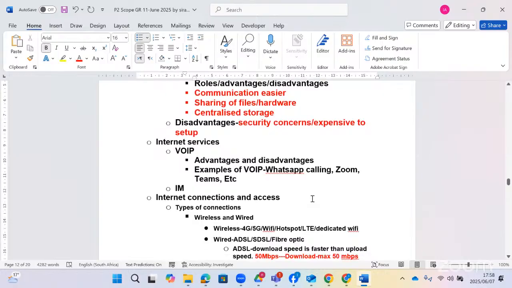Then different internet services, like voice over internet protocols like WhatsApp calling, Zoom, and whatever that I'm even using now to communicate to you through the voice. Instant message like WhatsApp. And then other applications like Messenger.